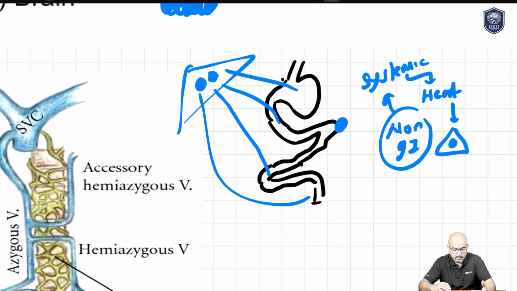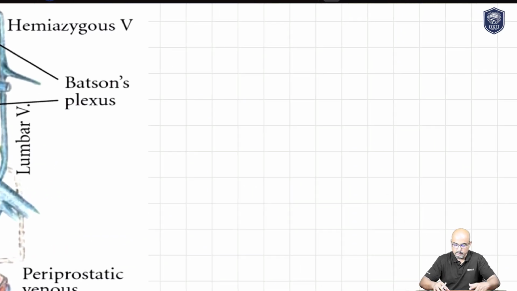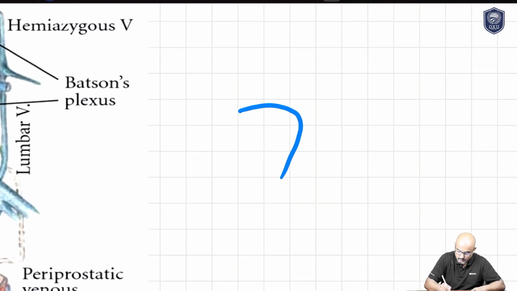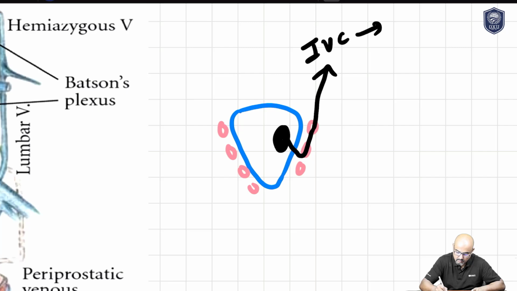But here it goes to bone because the prostate is surrounded by the prostatic venous plexus, which I've already explained, which lies outside the prostate. If a cancer arises, it may go to the prostatic venous plexus and then follow the normal route via the inferior vena cava to the heart and to the lung.